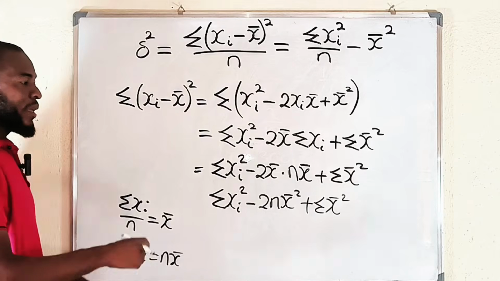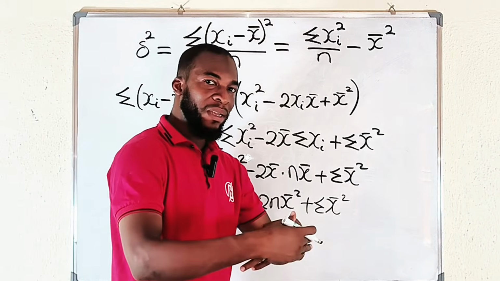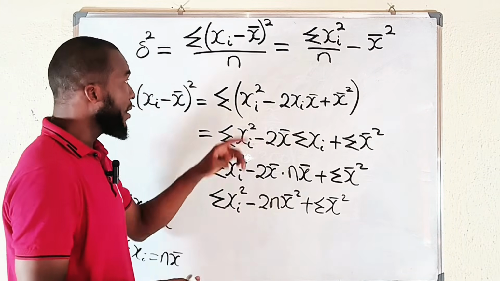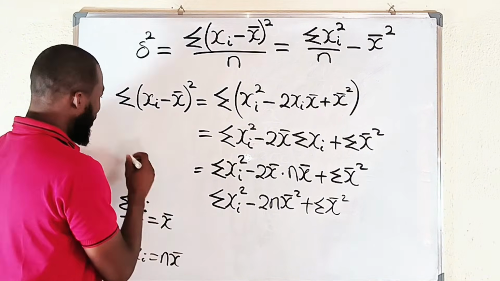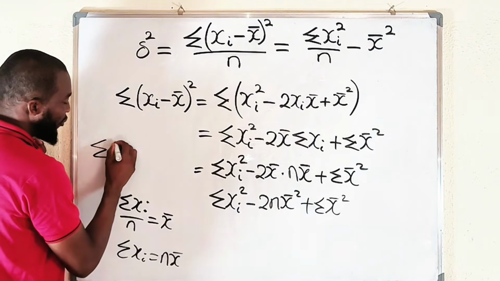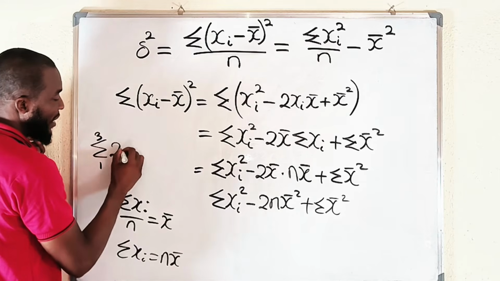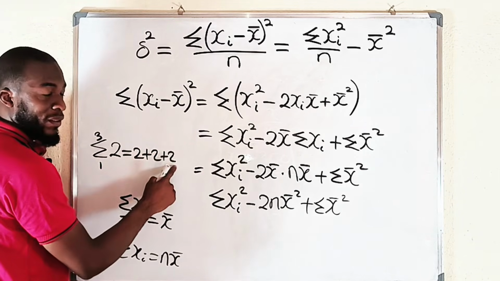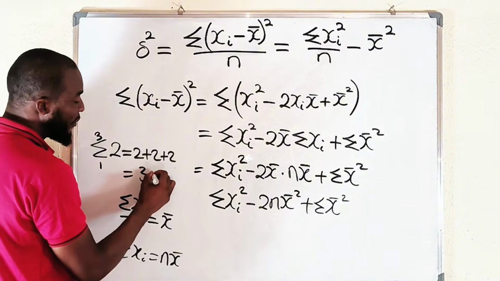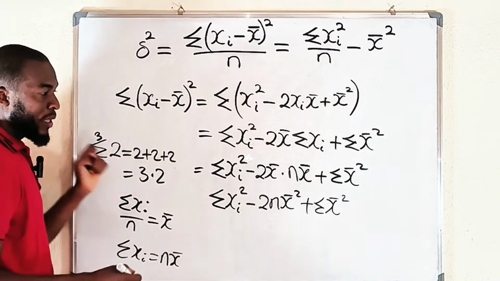Let me simplify it. If you have summation of a constant from 1 to n, remember we are evaluating from 1 to n because we have n number of items. So for example, if you are taking summation of 2 from 1 to 3, it means what? 2 plus 2 plus 2 up to 3 places, right? Which is 3 group of 2. This is what?